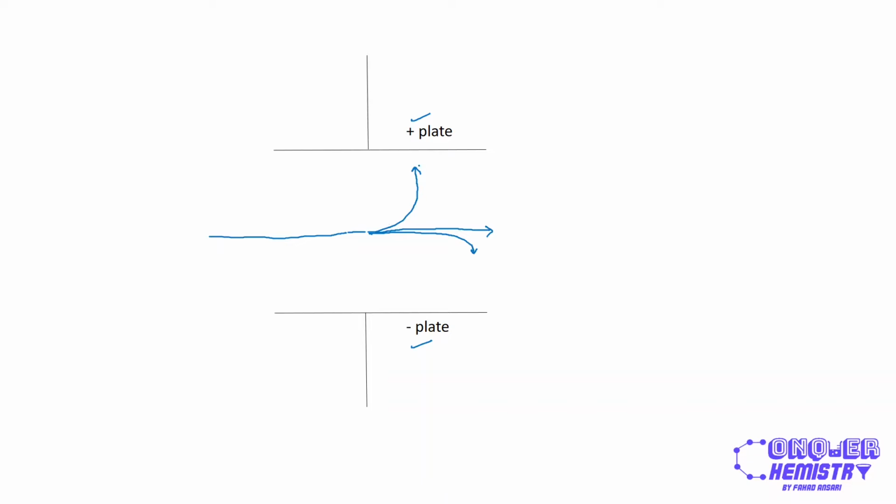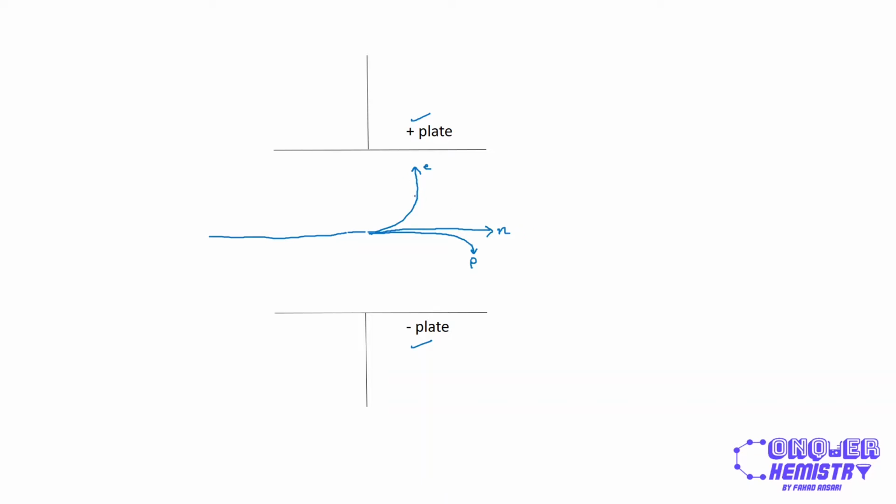So if it is attracted towards the positive plate, these are definitely going to be electrons, which are negatively charged and are attracted towards the positive plate, the oppositely charged plate. Protons, being positively charged, will be attracted towards the negative plate, and neutrons, carrying no charge whatsoever, will go straight through undisturbed.